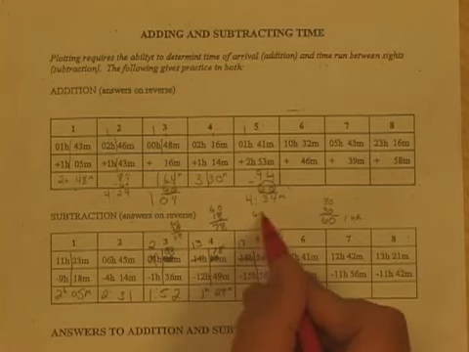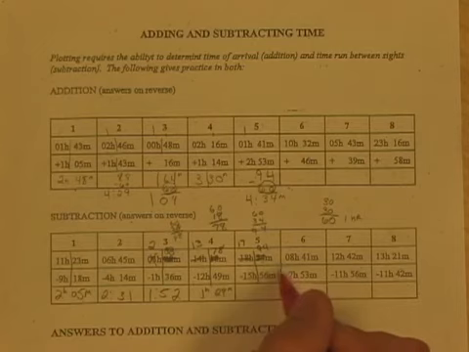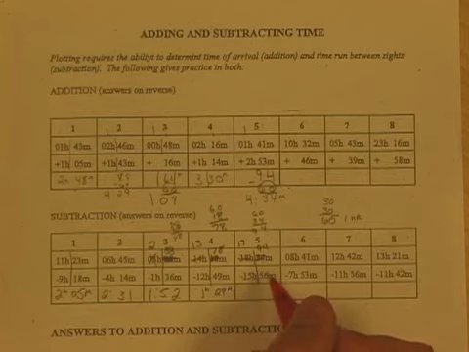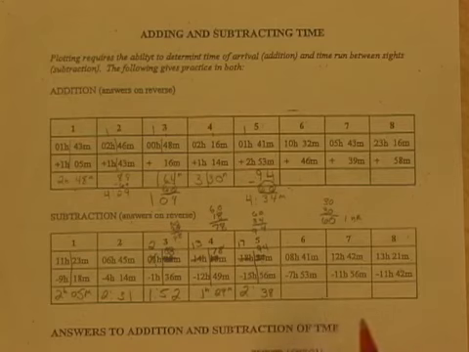So 60 plus 34 is 94. So 34 now becomes 94 minutes, and I can take 56 from 94. 94 minus 56 is 38 minutes. And now I take 15 from 17, that's 2 hours and 38 minutes.